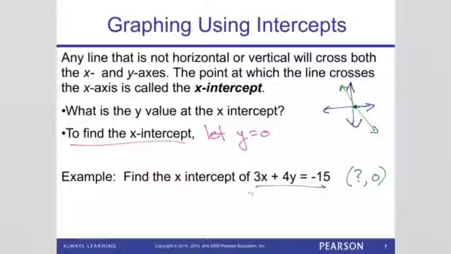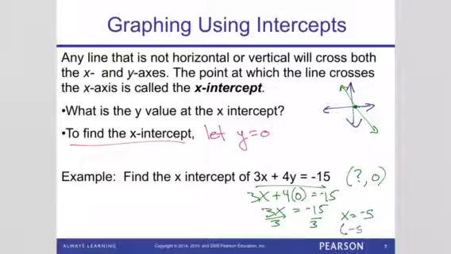So we put 0 in for the y, and that becomes 0, so we get 3x equals -15. Divide both sides by 3, and we get x equals -5. So the x-intercept is (-5, 0).